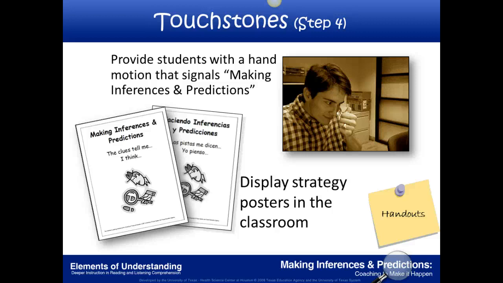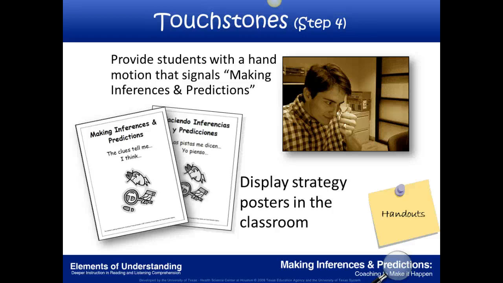So I'm going to model a hand motion holding up a pretend magnifying glass to the eye. And when we are modeling this with students, we may explain to our students that this hand signal represents a detective searching for clues through a magnifying glass or maybe binoculars.